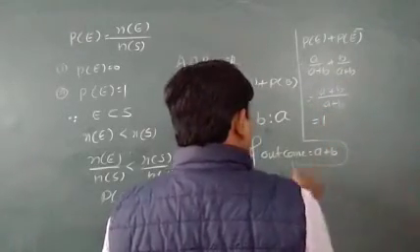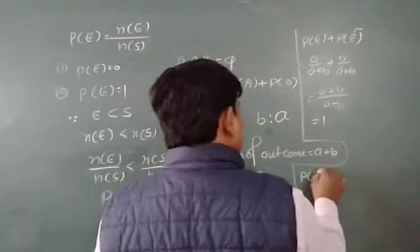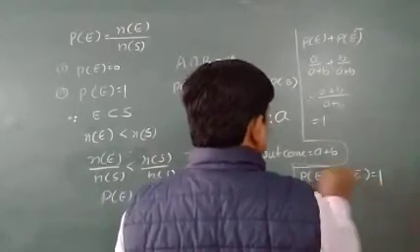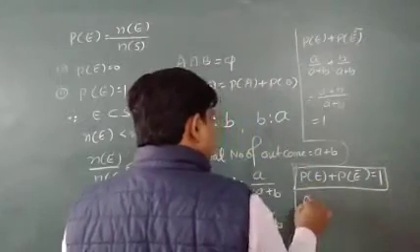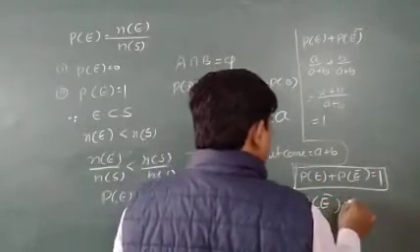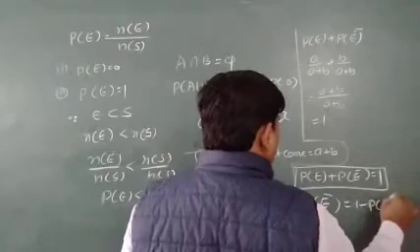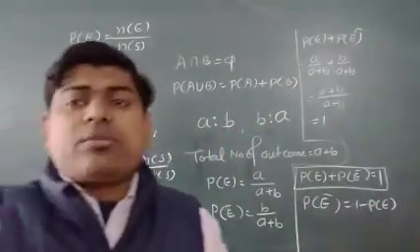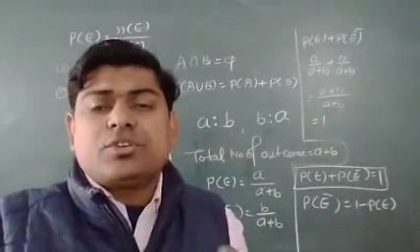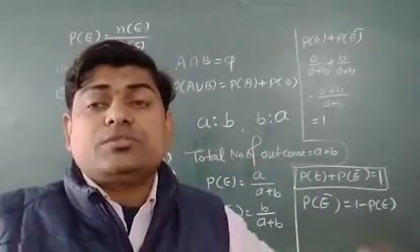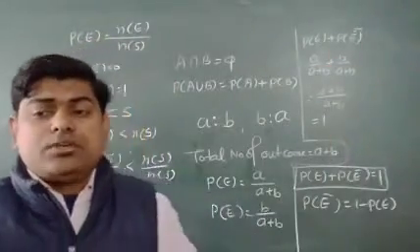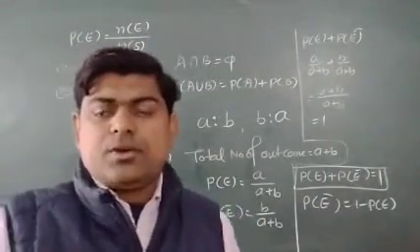So we have the result that the probability of E plus the probability of E bar is equal to 1. Now I can write the probability of E bar is equal to 1 minus the probability of E. It means if we have the probability of an event occurring, we can easily find the probability of it not occurring by 1 minus this probability.